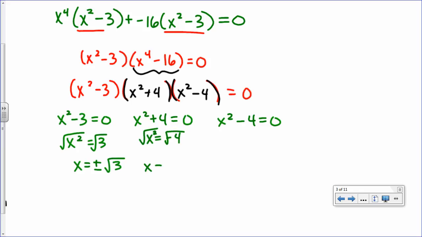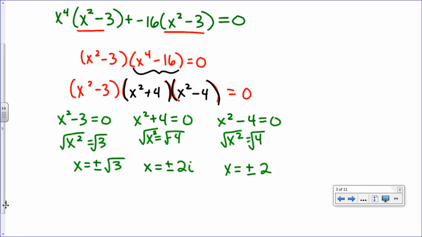So x equals plus or minus, what's the square root of negative 4? 2i. So then add 4, take the square root, x equals plus or minus 2. Okay, it was x to the 6th. Do I have 6 solutions?